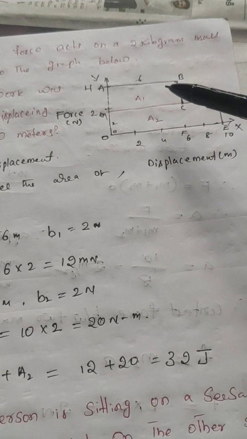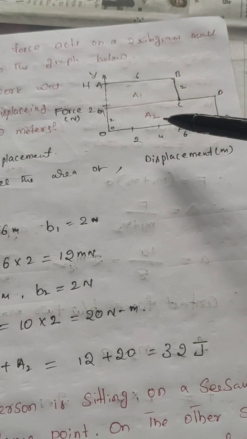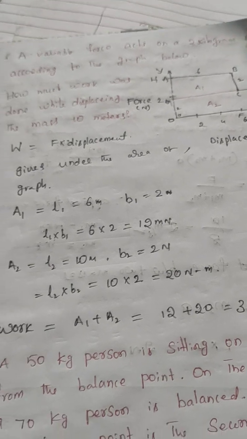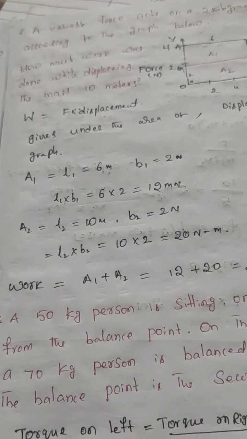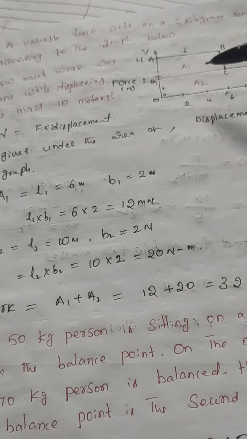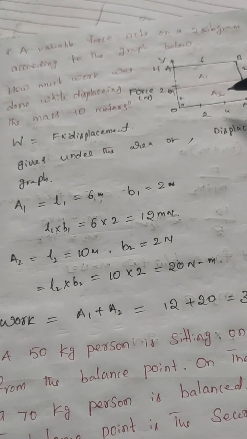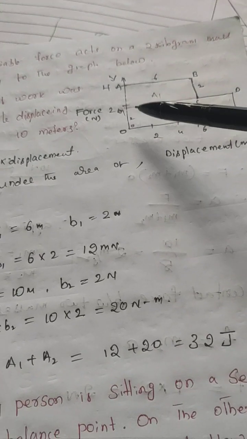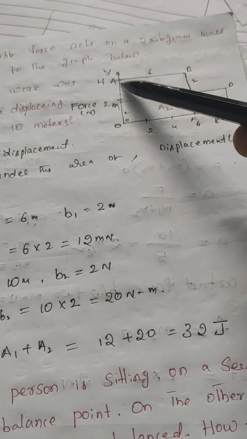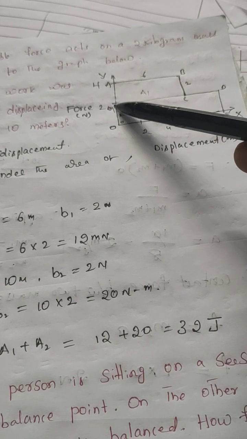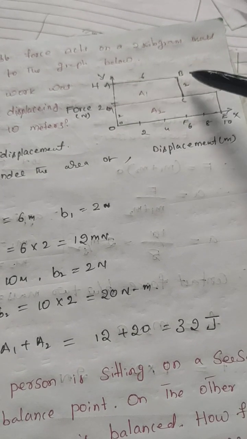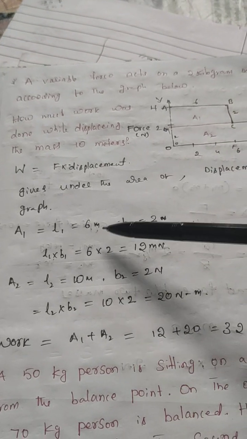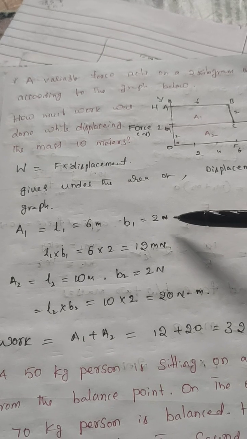Now we are dividing it into two rectangles, A1 and A2. We will find the areas of rectangles A1 and A2. Total area A1 plus A2 gives the work. Next A1: here the breadth is 2 Newton, AB length is 6 meters, L1 is 6 meters, B1 is 2 Newton.